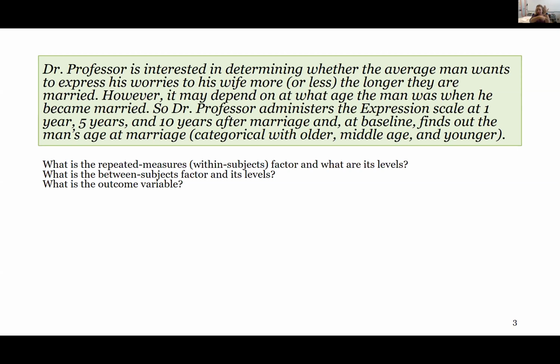If you have a continuous measurement, you know how old these people are when they get married, 21, 37, 52, and instead you choose to divide it into younger, middle, and older age, you are going to be throwing away information. And that is usually a bad thing to do. Here we're going to do it because hopefully there is a meaningful developmental or theoretical reason why we would choose these ages to break it down. And two, we're doing it just to illustrate an ANOVA method.